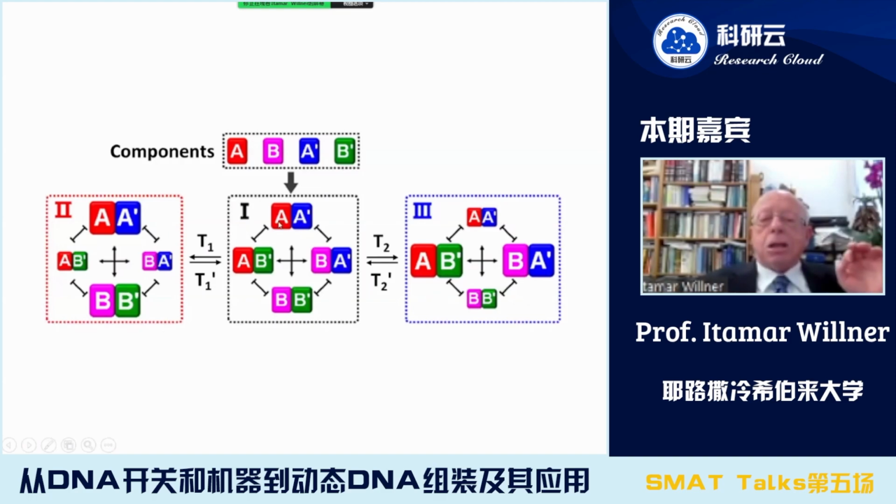If it stabilizes AA', this entire equilibrated system will be reconfigured to a new network where, because of stabilization of AA', it will have to increase its content. How will it increase its content? By separating AB' and BA' to provide the components A and A' to enrich this constituent.